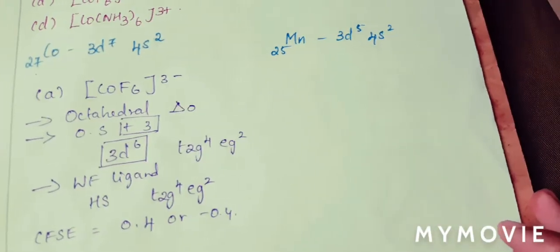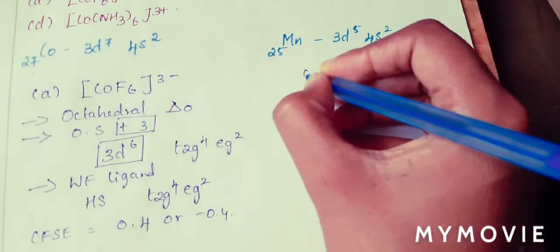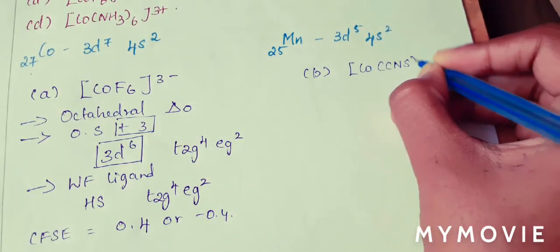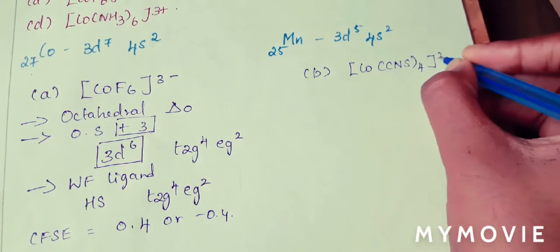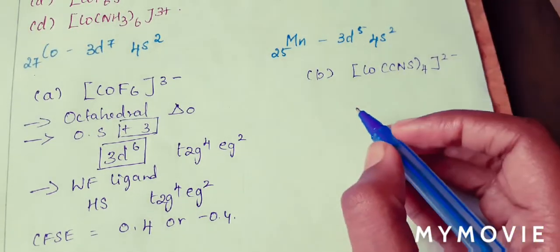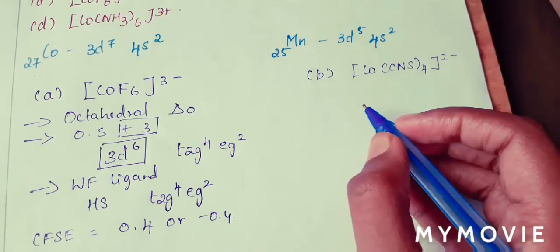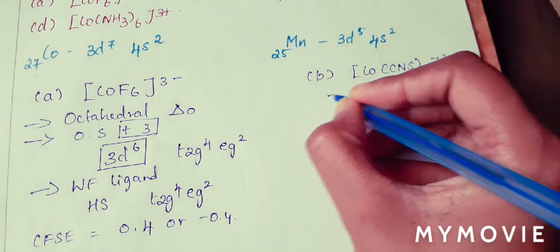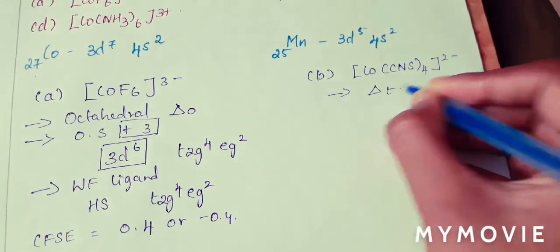Now let's move on to the second option, B, Co(NCS)4 2 minus. In this complex, the first thing that you notice is the coordination number is 4, so it's going to form a tetrahedral complex.